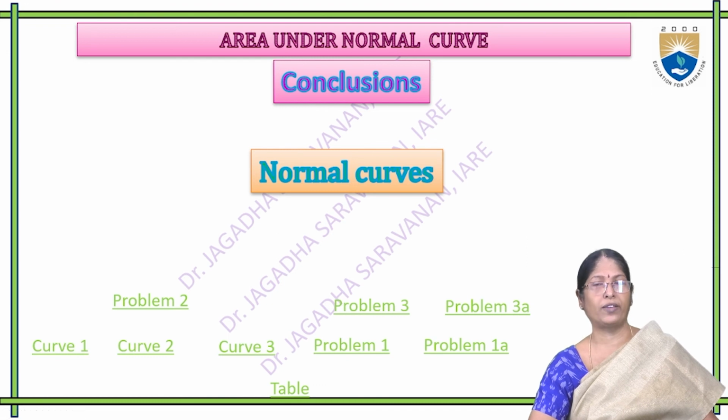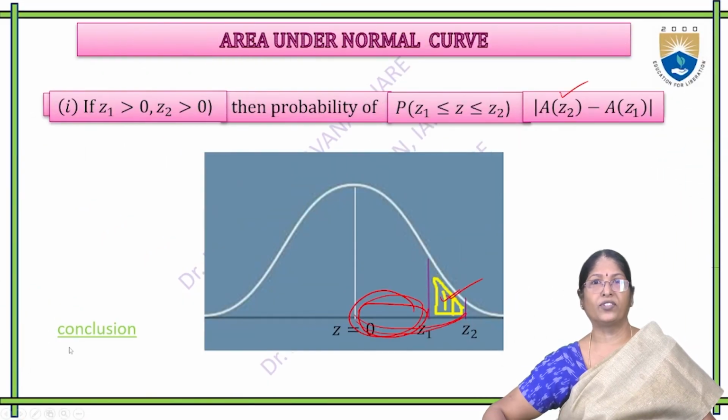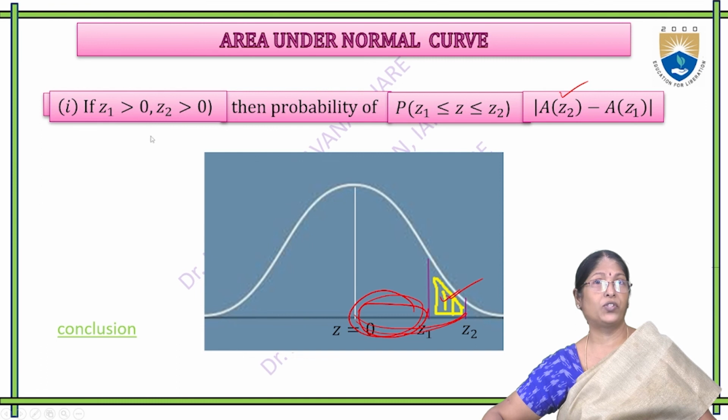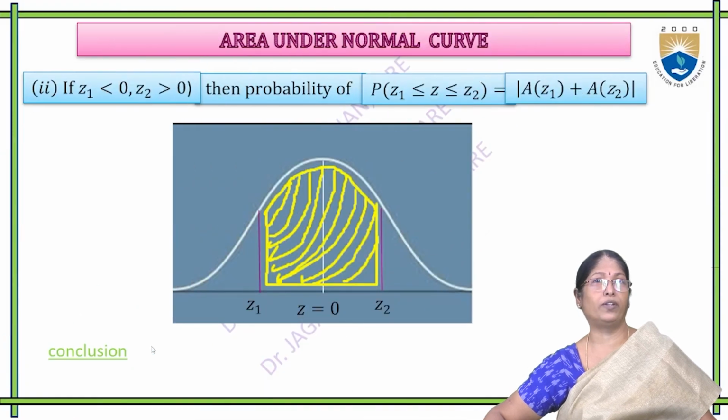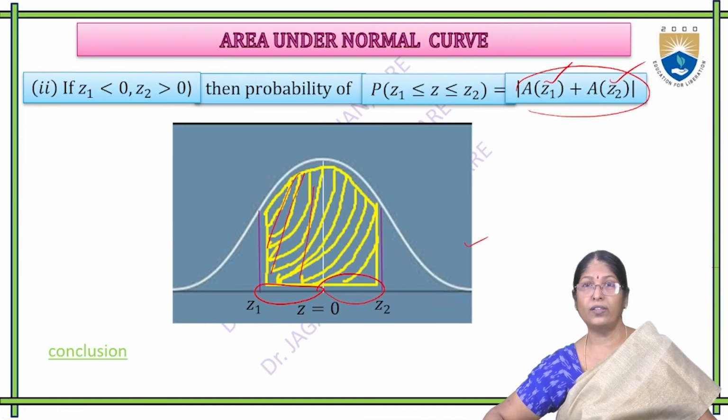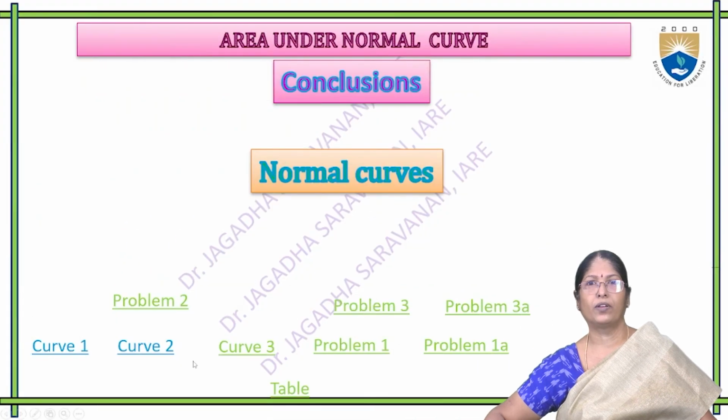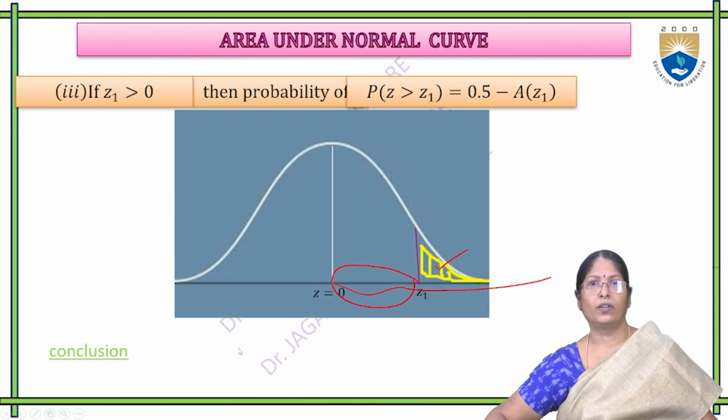Students can utilize that. This is the first curve we discussed, that is Z1 greater than 0, Z2 greater than 0. This is the second curve we discussed, Z1 less than 0, Z2 greater than 0. Here Z1 is greater than 0. Only a few curves we discussed.